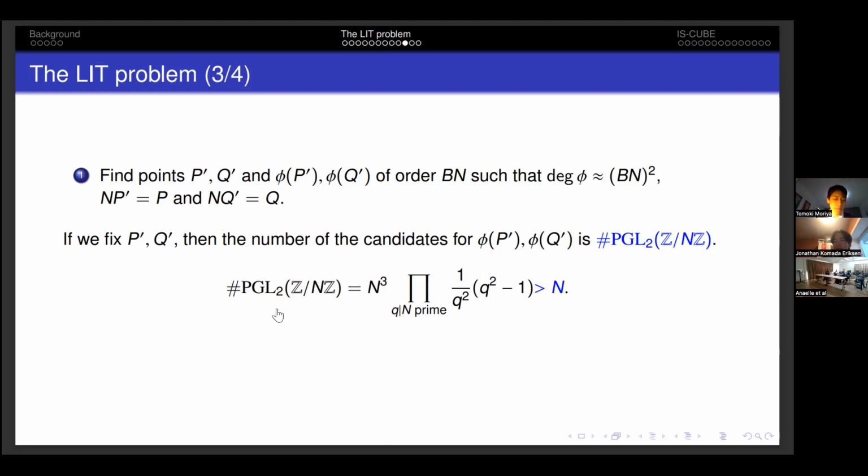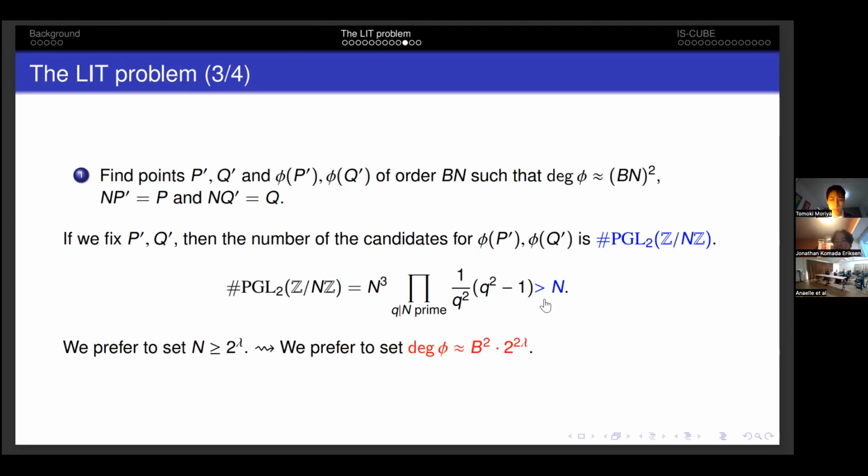And by general theory, we know that this number is larger than the large N. So we prefer to set this number larger than or equal to 2 to the 2 lambda. And from this equation, degree phi is almost the same as B N squared. We conclude we prefer to set degree phi almost the same as B squared times 2 to the 2 lambda.